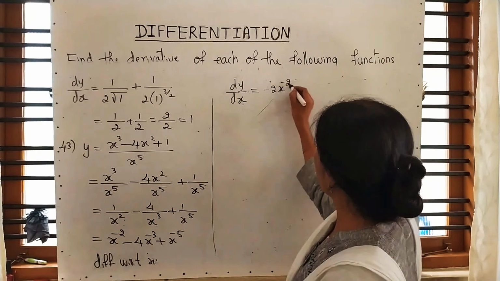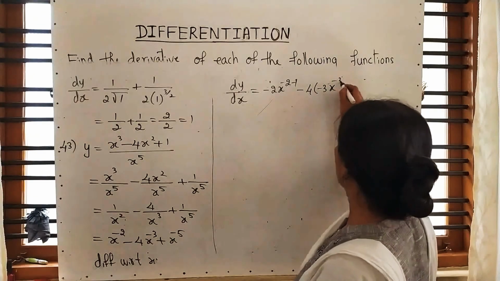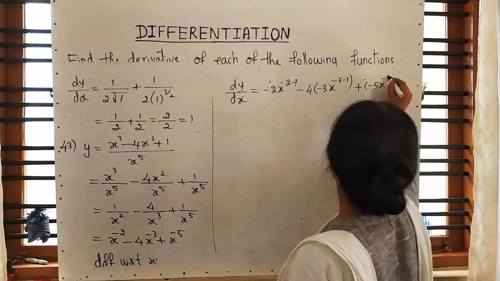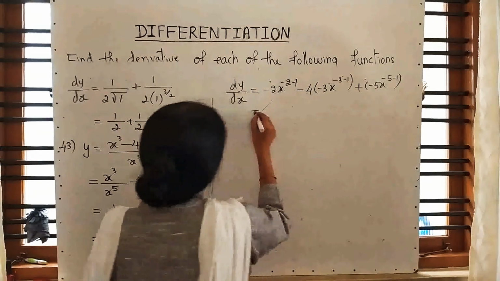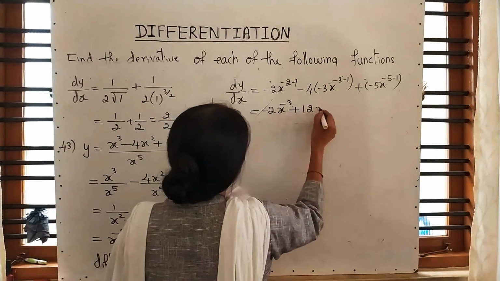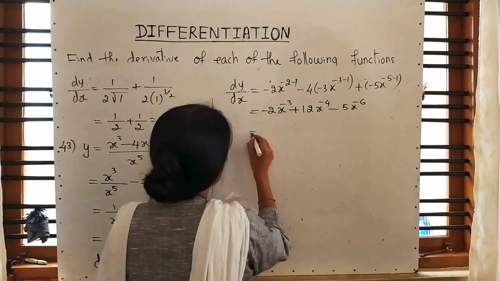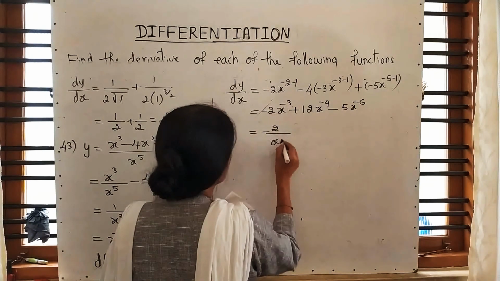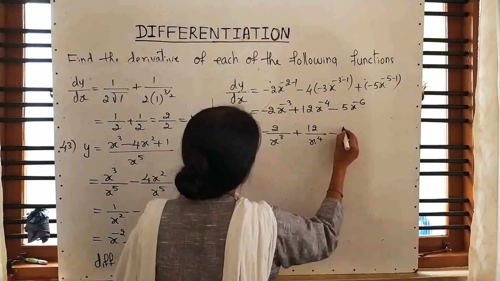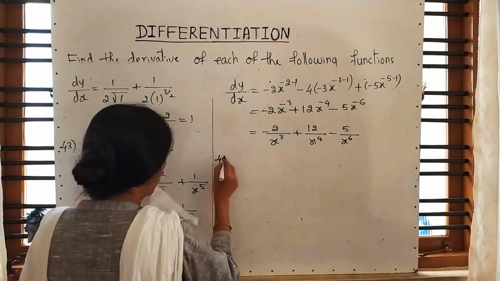Minus 2, minus 2 minus 1, minus 4. This is how we are solving. Moving to next question.